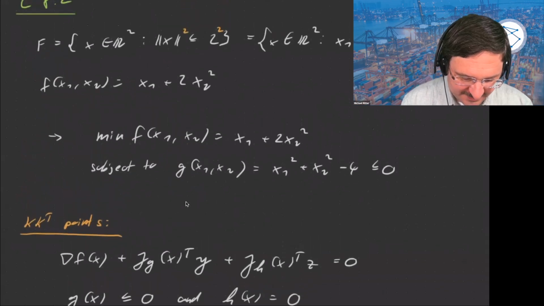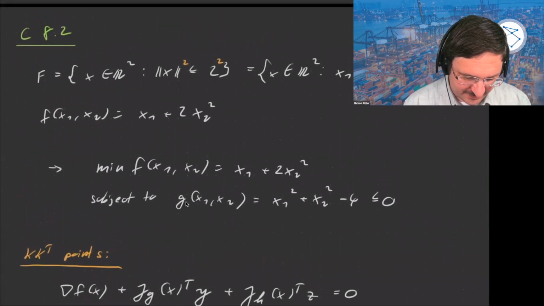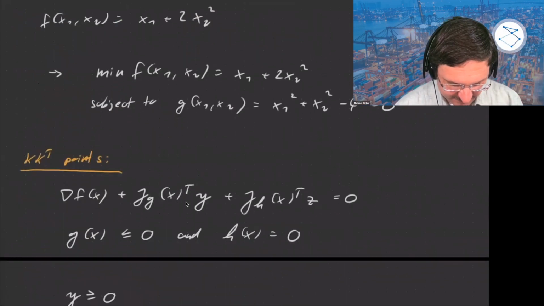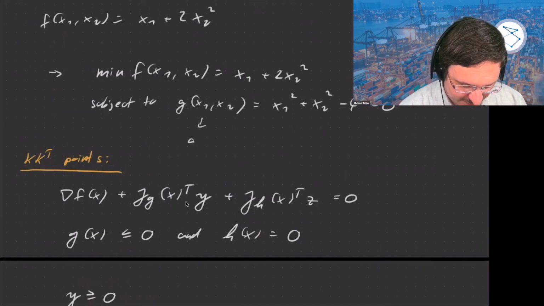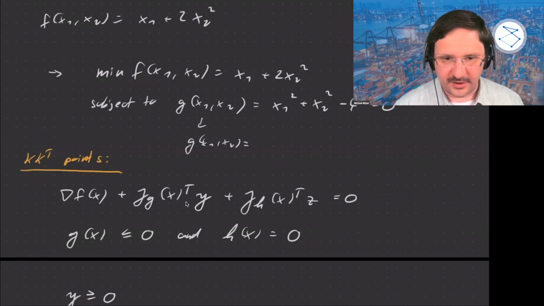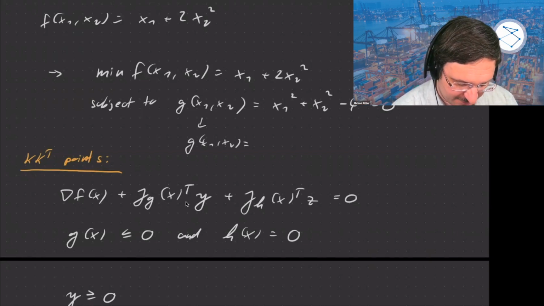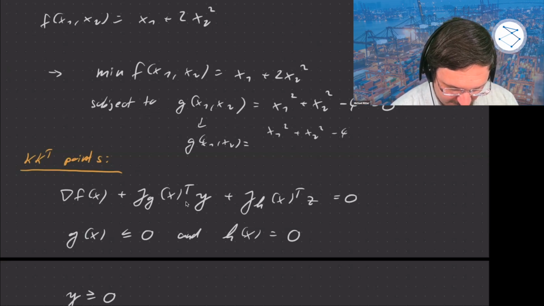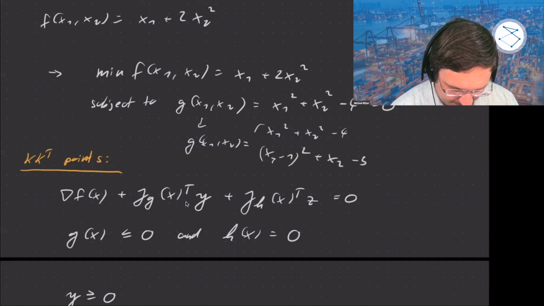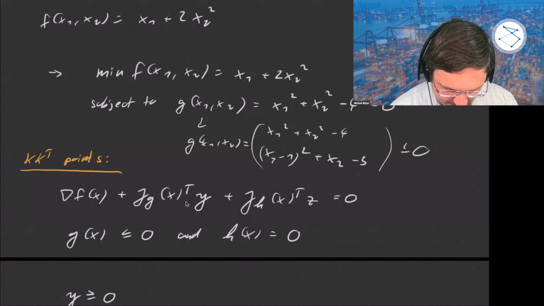What happens is that these functions G would then not be real valued functions, but instead vector valued functions. So you could have something like x1 squared plus x2 squared minus 1, and let's say another condition here, something like that.